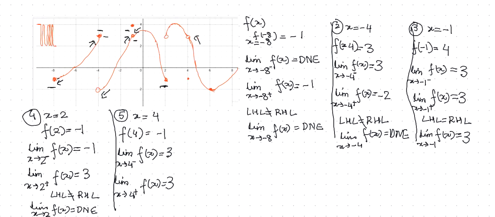Value of function at x is equal to 4 is -1, but function is approaching value of 3 from left hand side and right hand side. So we see that limit x tends to 4, f of x is approaching value of 3.